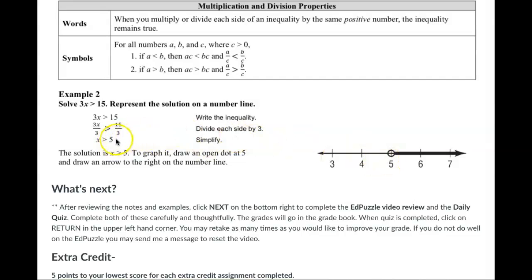And so since 5 is not a possible solution, you have an open circle for the number 5, and everything greater than 5 is shaded in. Now in just a moment I'm going to show you what would happen if that happened to be a negative 3 instead of a positive 3 that we divided by.